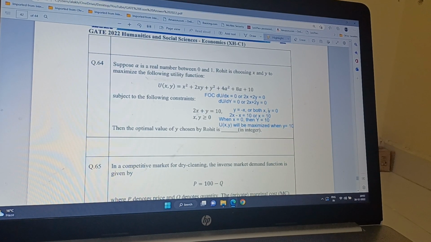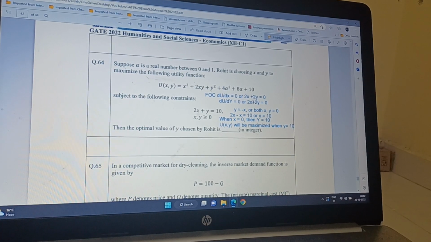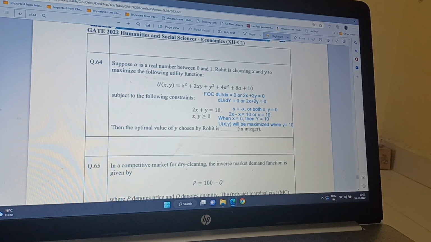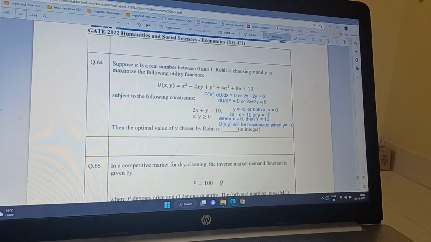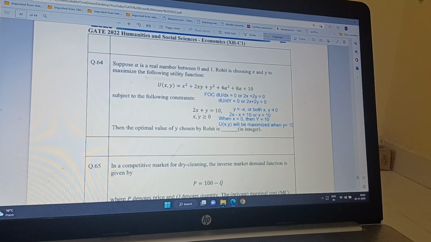Now we need more constraints, because it can have infinite number of solutions, since x can take any value, and x is equal to minus y, or both x and y can be 0. So many values satisfy the equation.